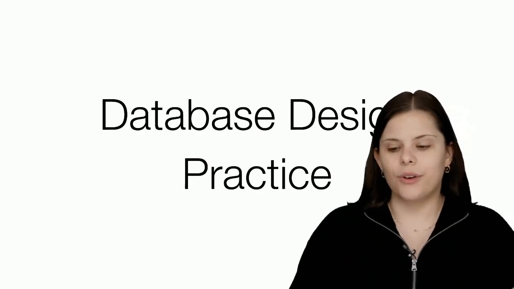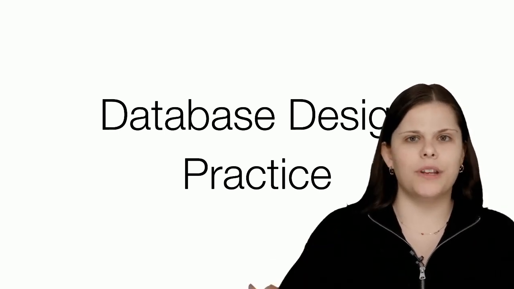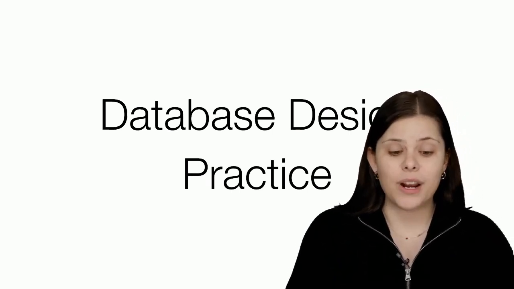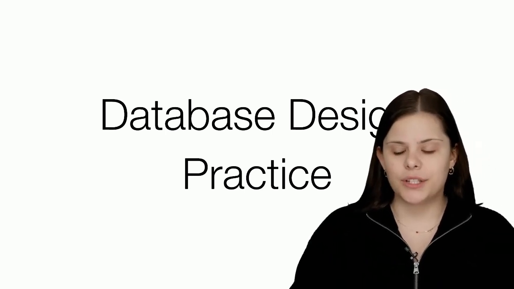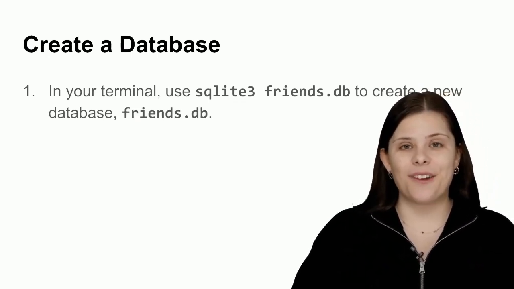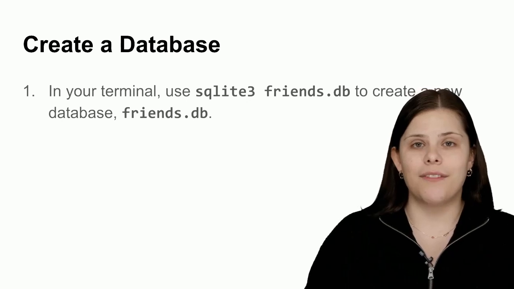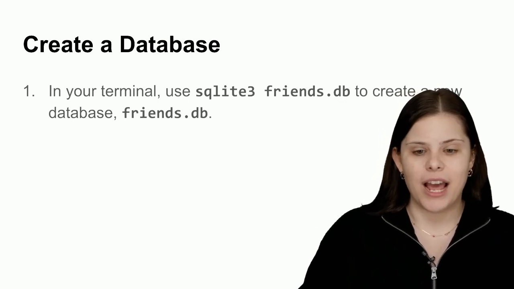All right, so how do we design this database? Or how do we actually write the lines of code that help us create these databases and tables? Let's do this first. If you would like to follow along, if you're watching live with us right now, feel free to type these commands with me in cs50.dev as we go, or feel free to just watch it and then do it on your own later.